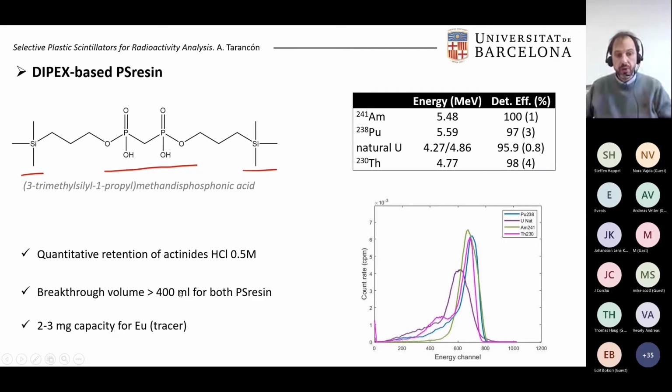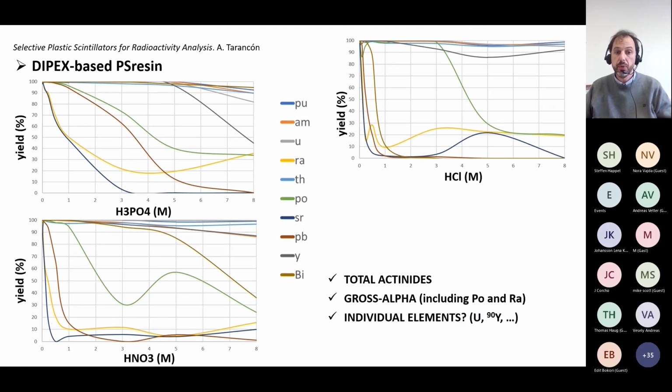We have a very high breakthrough volume, higher than 400 milliliters, and we have considered the use of europium as tracer. So we have enough capacity, because europium is not expected to be in the sample, to trace the procedure of separation of actinides. So this resin could be ready for analysis of the whole actinides in the sample.